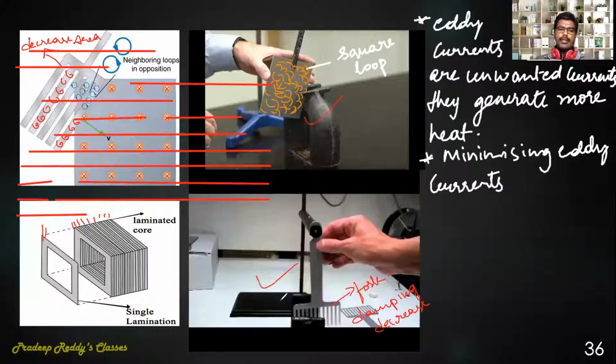So you need to minimize eddy currents just by minimizing the area of cross section of that particular conductor, as shown in this figure.